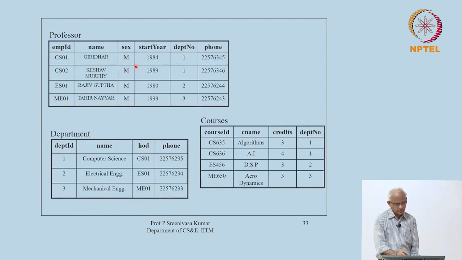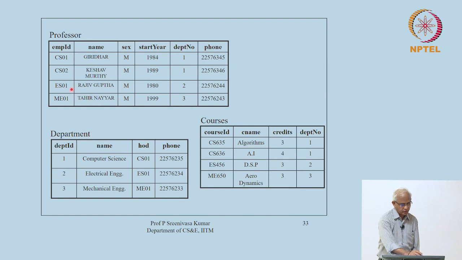Okay, here is a set of some data that I will use in order to illustrate a join. Let us see. So, we have the professor relation, the department relation, and the courses relation.